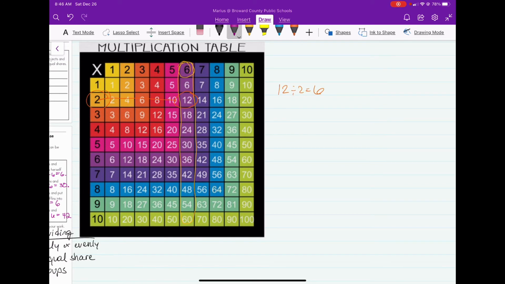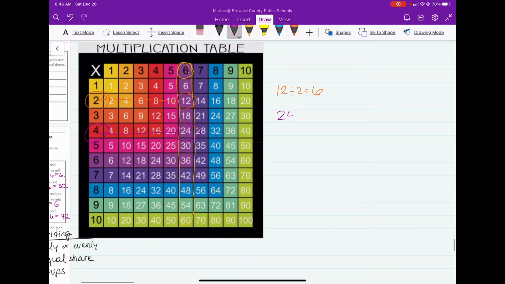We could also say, hey, 24 divided by 4 is equal to 6. We could say that 42 divided by 7 is 6. So that's one way to model using the multiplication table to come up with our answers.